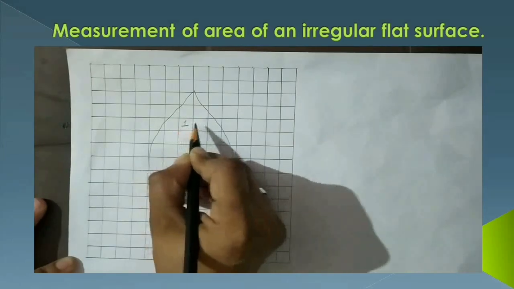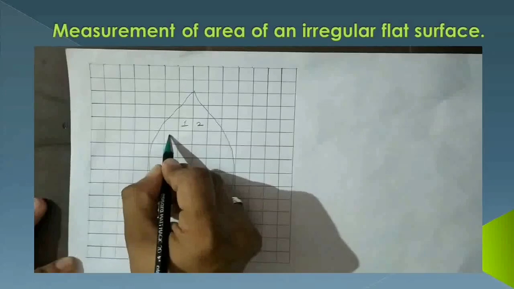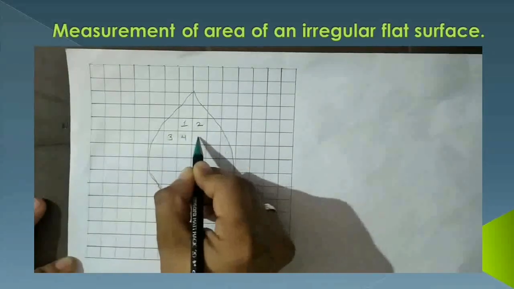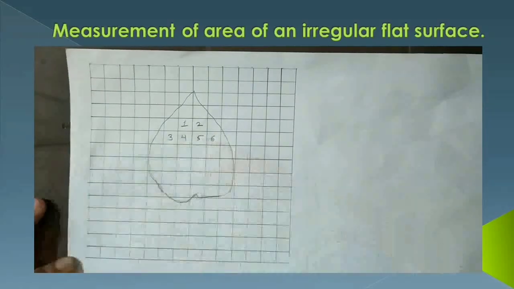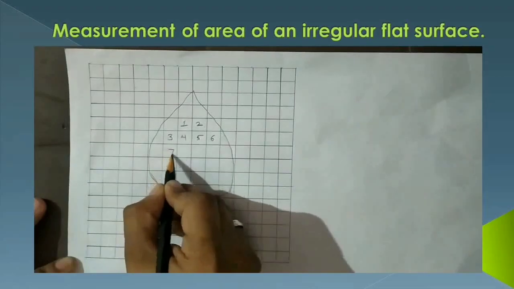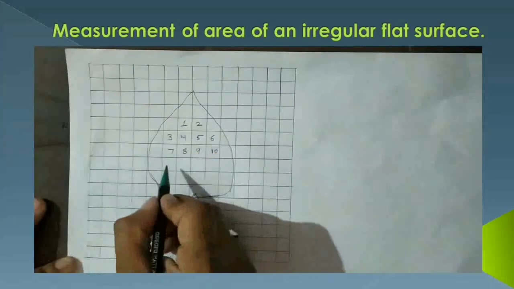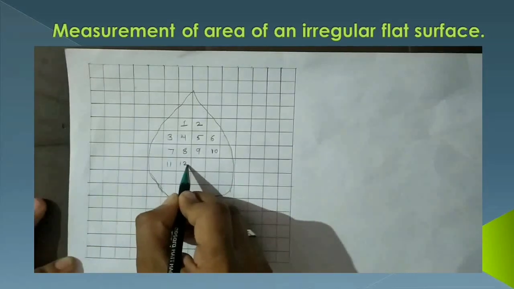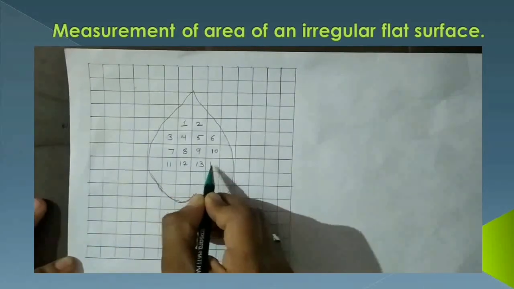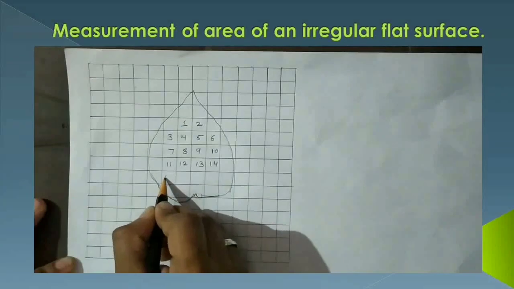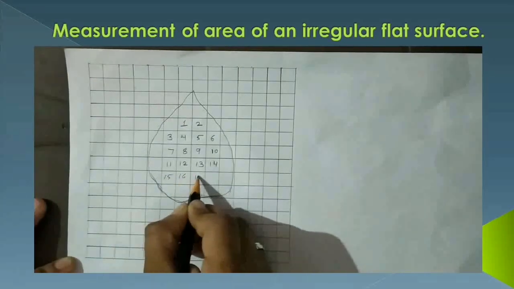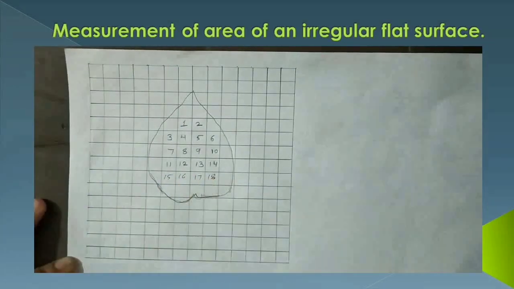So here 1, then 2, 3, 4, 5, 6, 7, 8, 9, 10, 11, 12, 13, 14, 15, 16, 17, 18. These squares are not completed.